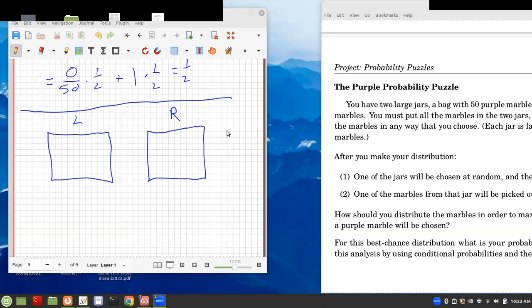You can distribute 50 red and 50 purple any way you want between the two jars, and you want to maximize the chances of getting purple.